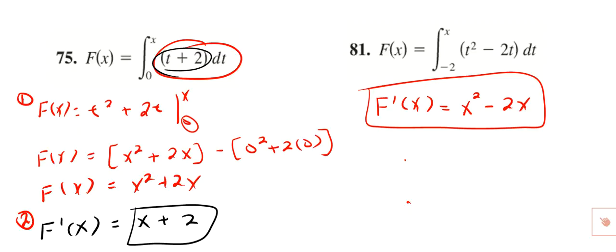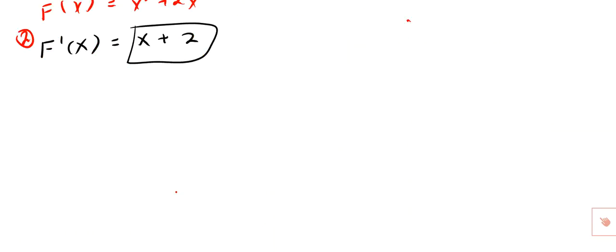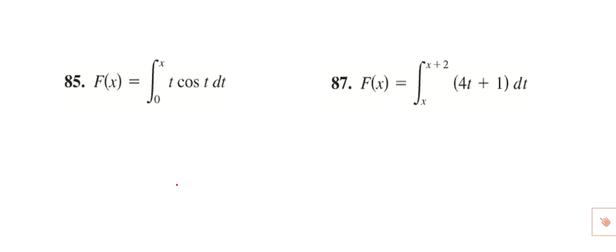Okay, let's take a look at another one. We have the antiderivative of t times cosine of t dt evaluated from 0 to x. So it's still in that form, from some number to x.